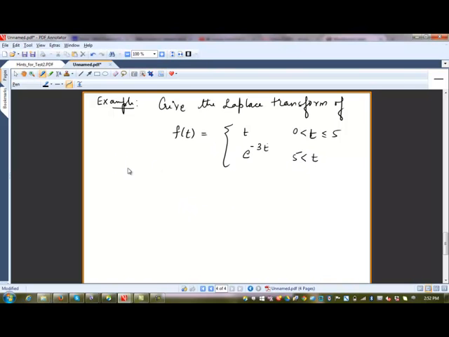So step 1. One method you already know to find the Laplace transform of this function: you just break the integral at 5 and use the definition. You can get a Laplace transform. But that will involve integration, so this will not. Write down the function in terms of the Heaviside function.